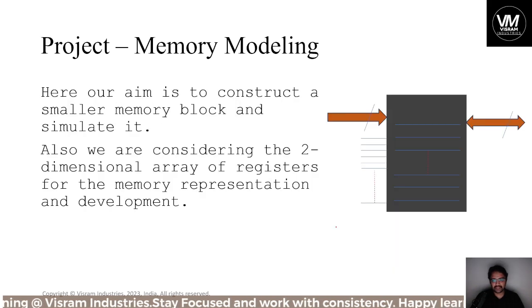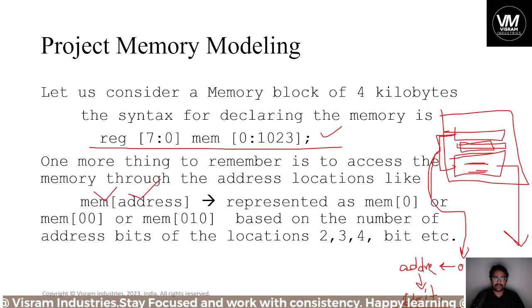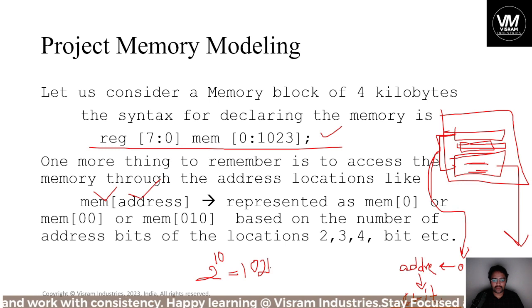In the same way, for 1024, what is the number of address bits? 1024 is 2 power 10, so we want 10 bits.